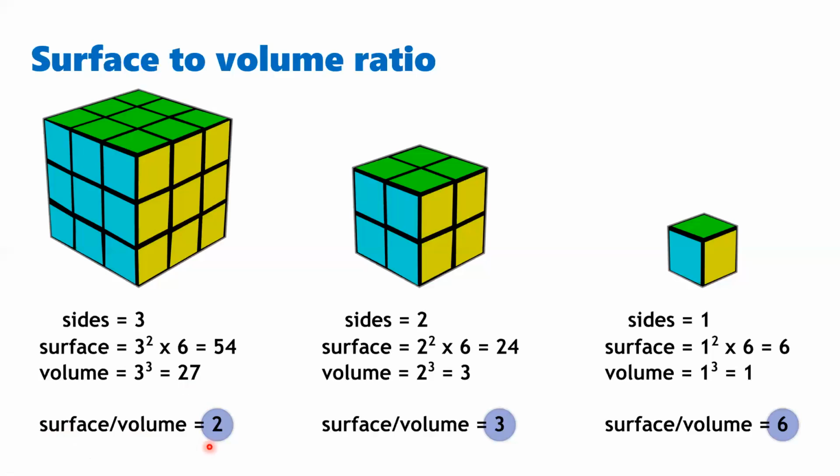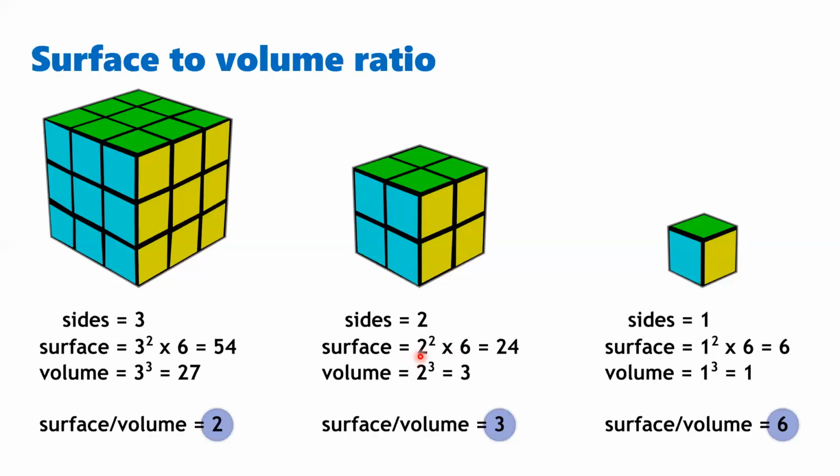Now, whenever this 3-sided bulk material is reduced to 2-sided material, this is one side and this is another side, 2-sided material. Now, what would be the surface of it? 6 into x square, same formula. So, x is 2, accordingly 2 square.